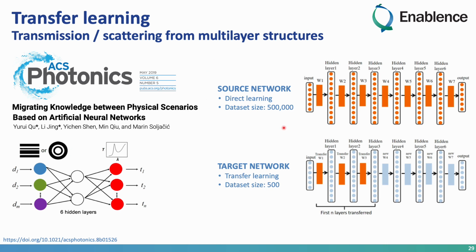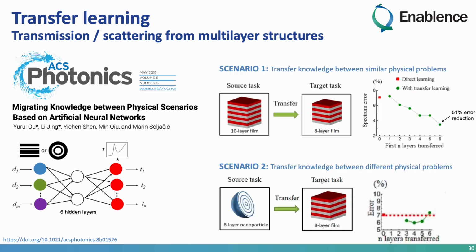They considered a source network, which was a fairly standard neural network with 6 hidden layers, and it was learning from a fair-sized data set of about 500,000 instances. And then they considered a target network, which reuses the first n layers from the source network and then trains on a very small data set of only 500 instances.